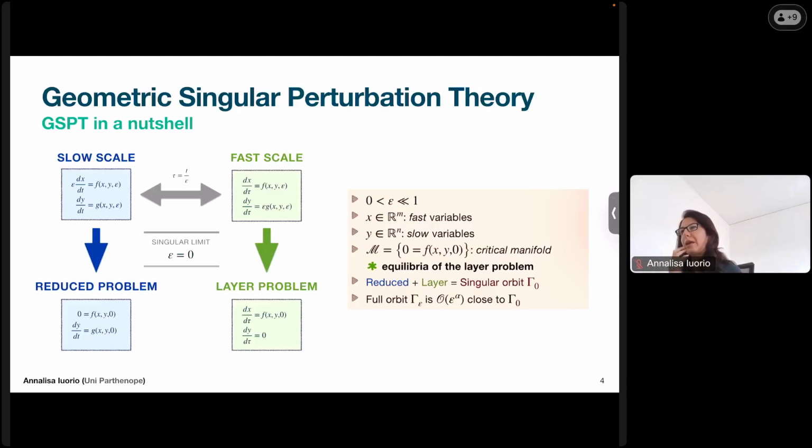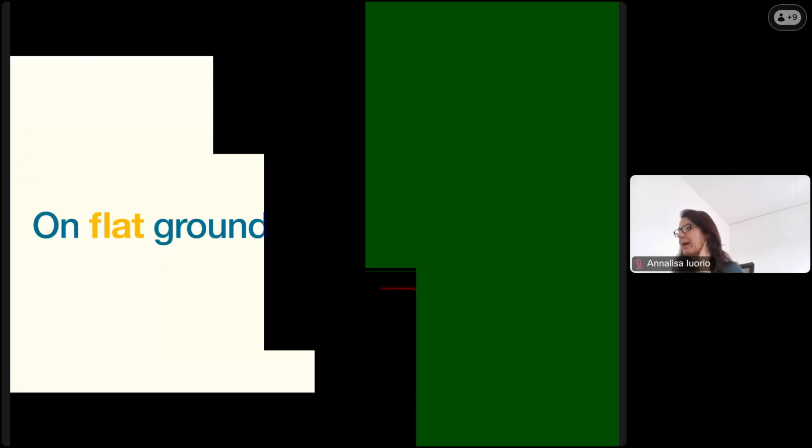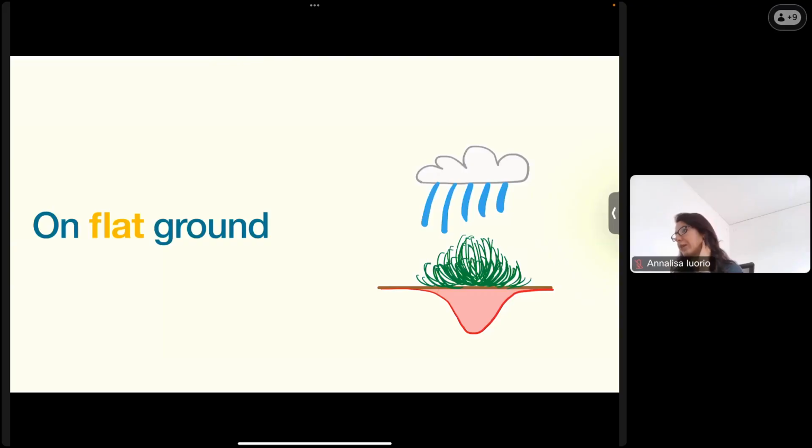That's why the name, the layer problem. You can already see at this stage that the critical manifold also represents a manifold of equilibria for the layer problem. This is something that we are going to exploit later on when we set up our dynamical systems framework to analyze the problems that we are going to study little by little.